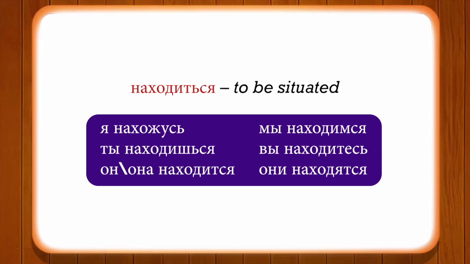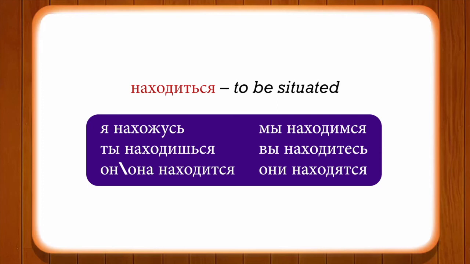So this is a very basic rule in Russian grammar. For making any sentence, you have to use a verb. And these verbs are conjugated in a similar fashion. However, all verbs are categorized into different categories depending upon their ending. But in this case, we have the verb находится, and you can conjugate it as I have conjugated it for you.